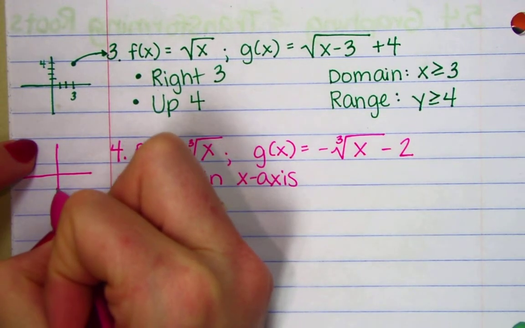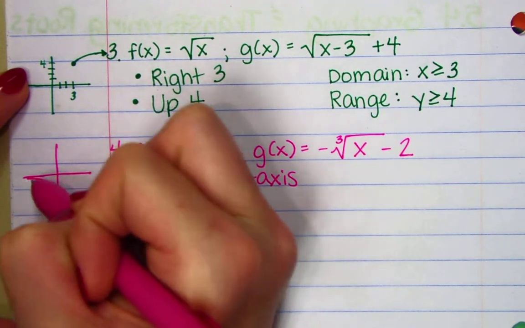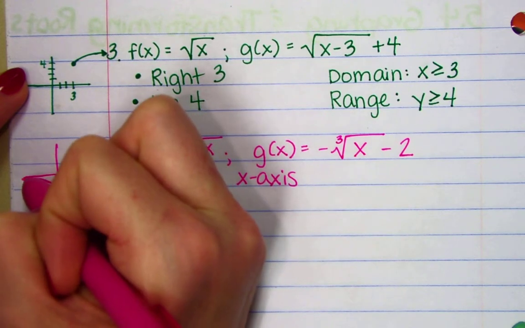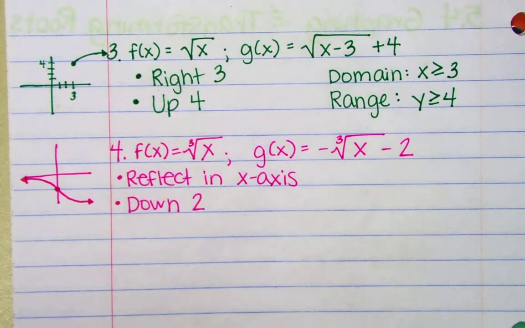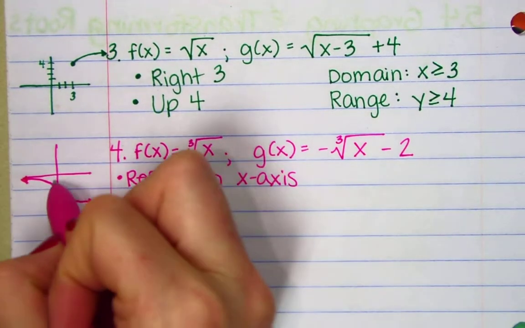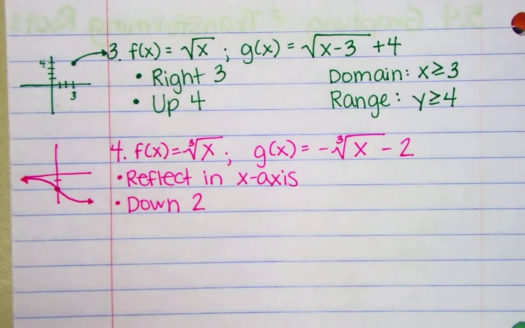So it's not moving left or right, so the middle's still going to be right here, but it'll look kind of something like this. Okay, it's going to look the same direction as the one we graphed on number 2, whereas the original one, the one that was printed on the little paper that we glued on the front, looks like this. This one's moved down 2 and flipped. Okay, it hasn't gone wide or anything.